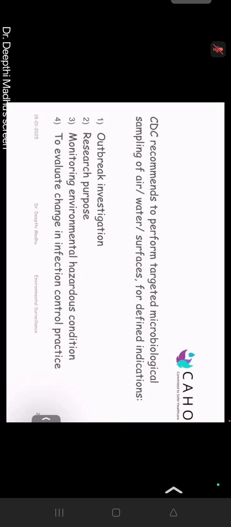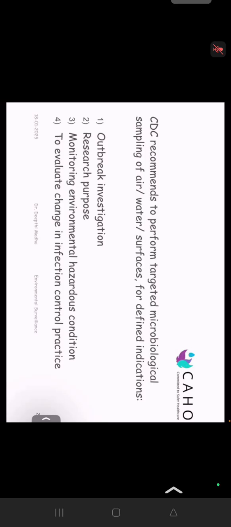Surveillance samples to begin with would include air sampling, surface sampling, water sampling. These are the three important surveillance samplings that we consider. Now, in this, not all of them are routinely done.